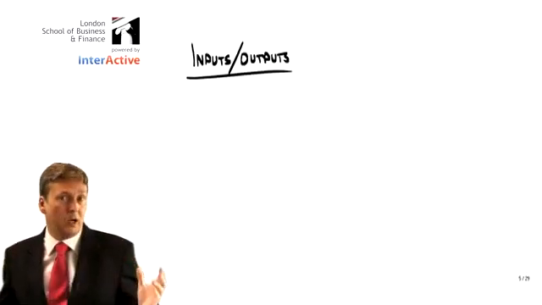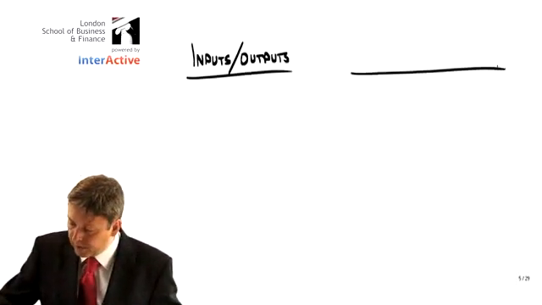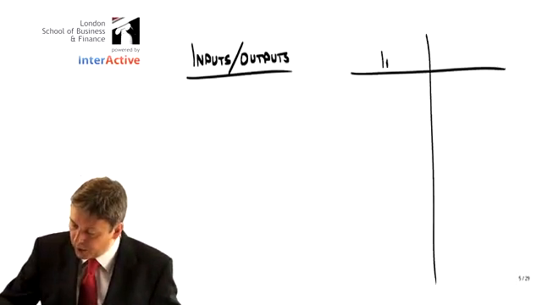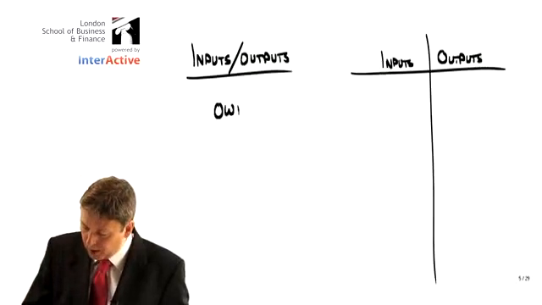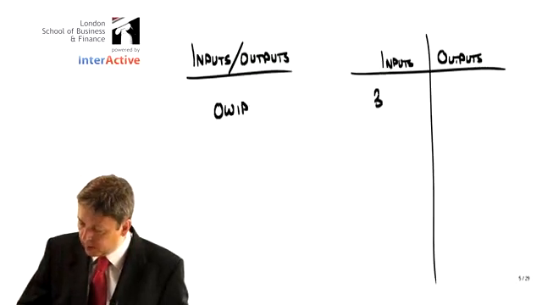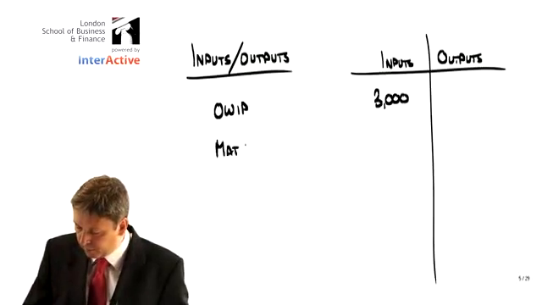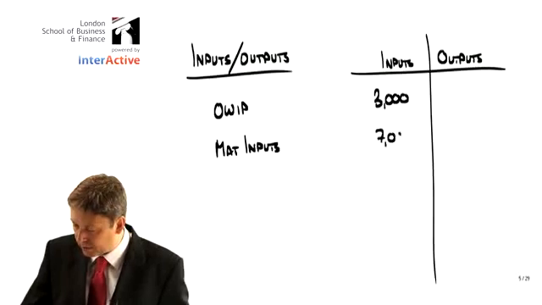So remember, what I'm trying to do here is to get some sort of inputs and outputs, a quick working and nothing more. The inputs we already know. We've got our OWIP, 3,000 units. And of course, we've got the material inputs during the period. We were told 7,000.